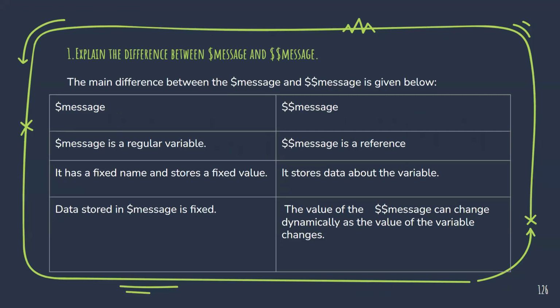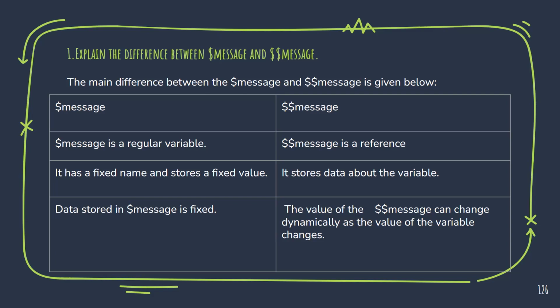What is the main difference between those two? The single dollar message is a regular variable and the double dollar implies a reference to the regular variable. It is a fixed name and also a fixed value. Here, as it is a reference, it stores the data related to the variable which it specifies.